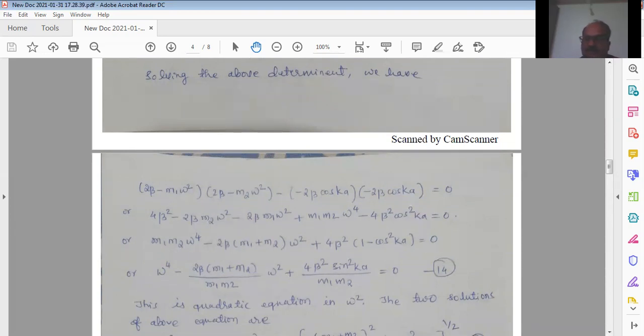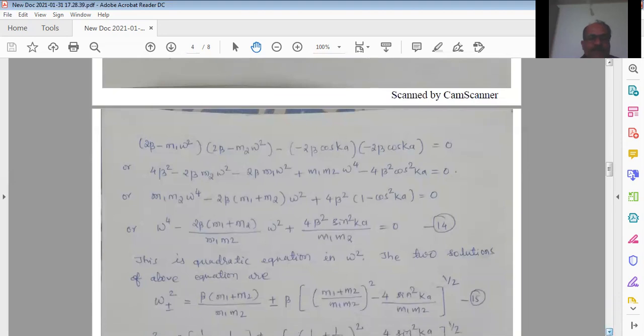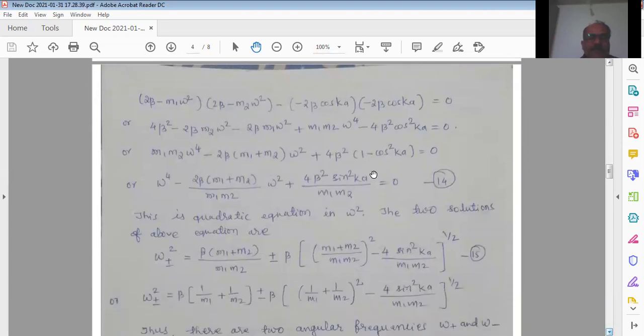Then you divide the whole equation by m1 m2, so that this equation is converted into this. So it is 2 beta into (m1 plus m2) divided by m1 m2, and here this completely goes cancelled.